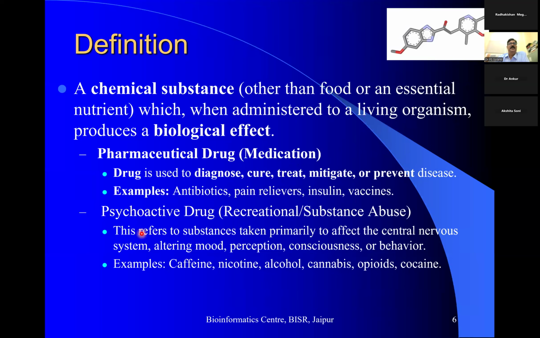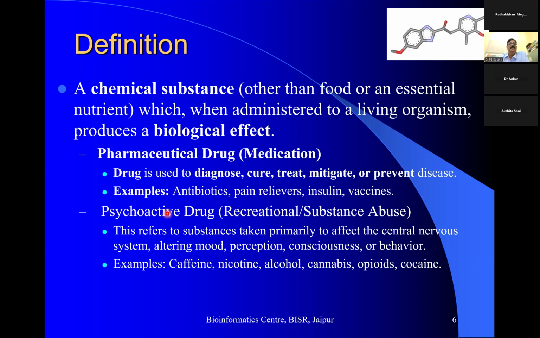So there are two different categories: pharmaceutical drugs, that is medication, and psychoactive drugs, that is recreational substances of abuse. Medication is used to diagnose, cure, treat, mitigate, or prevent a disease, like antibiotics, pain relievers, insulin, vaccines. All these are pharmaceutical drugs.